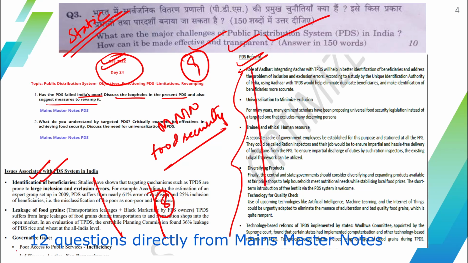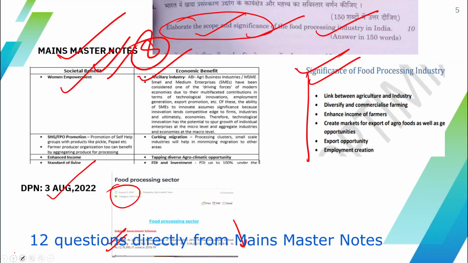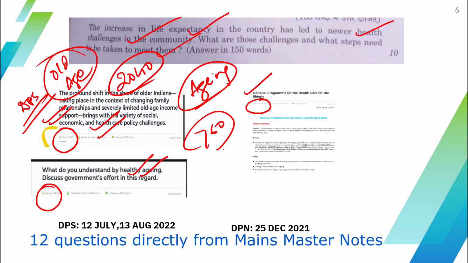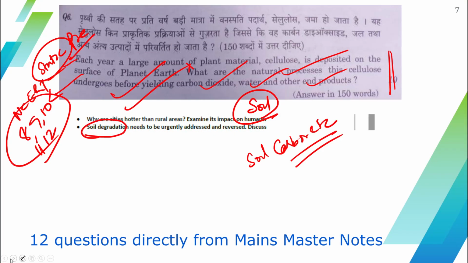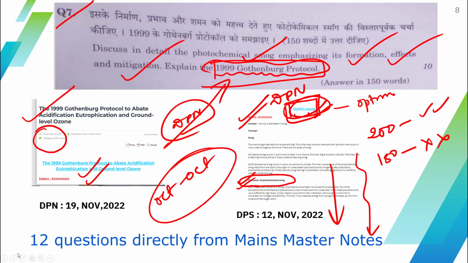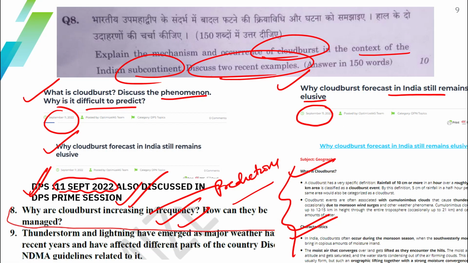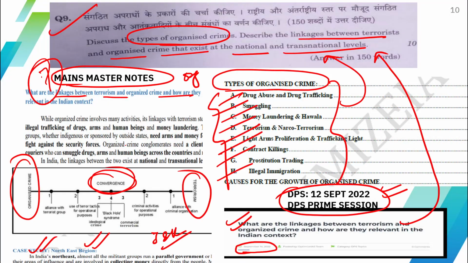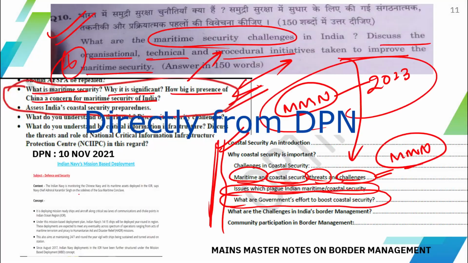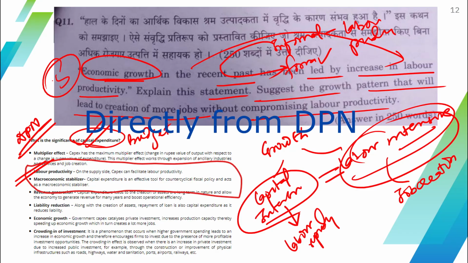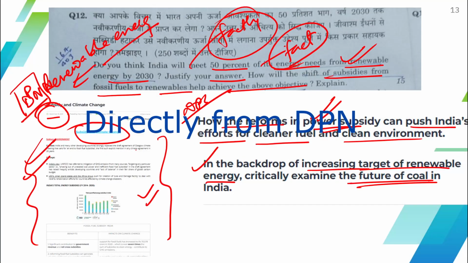Now you see how many questions you have got from DPN. 11. Then you see 12. Then 11 plus 1, 12. Then 13. Then 14. 15.